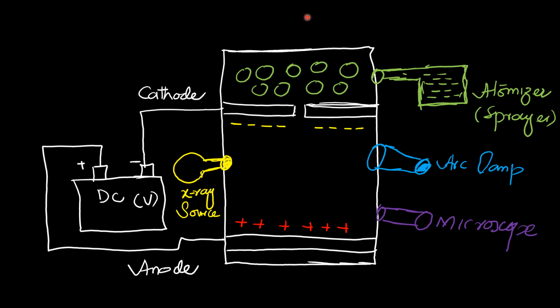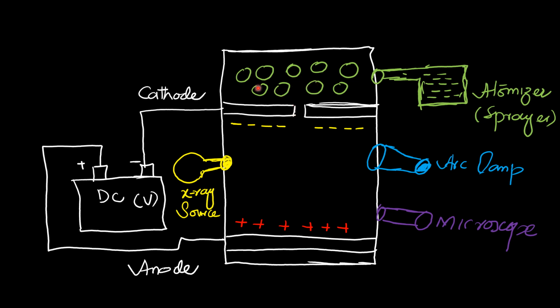So now, dear student, all the components which are connected with the chamber of the Millikan oil drop experimental setup have important roles. The atomizer introduces oil molecules in small particulate fashion inside the chamber, whereas the X-ray source incorporates highly energetic X-ray radiation inside the chamber, and this radiation will interact with the molecules of oil.